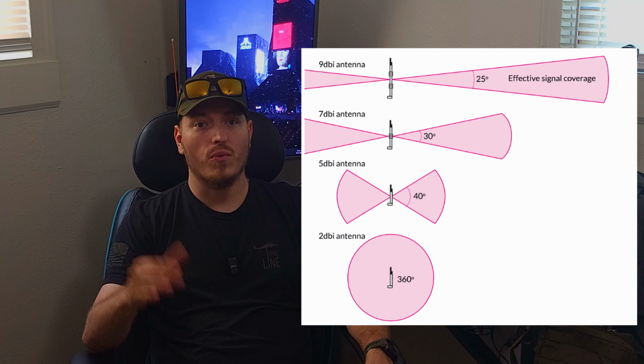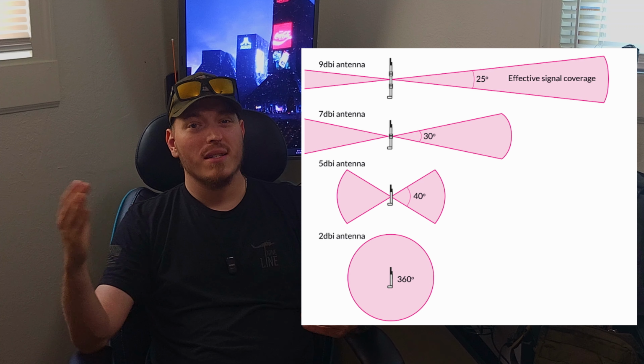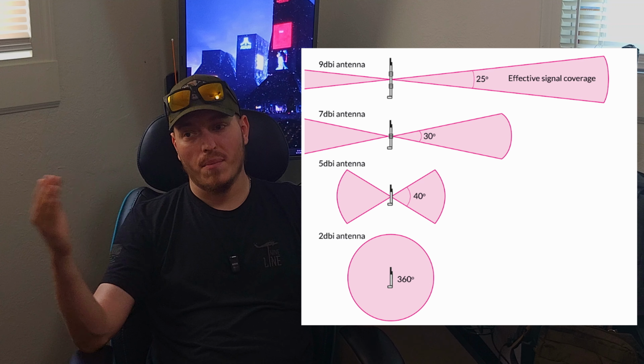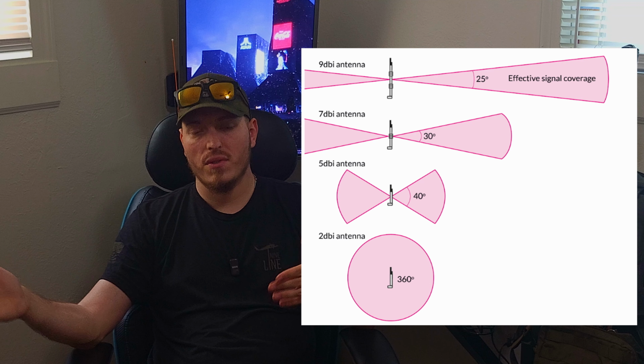So for example, a directional antenna is about 7 to 8, and sometimes in commercial fields, it's about 10 dBs of gain, versus an omni, your little antenna on your walkie-talkie, is about 1 to 2 gain.